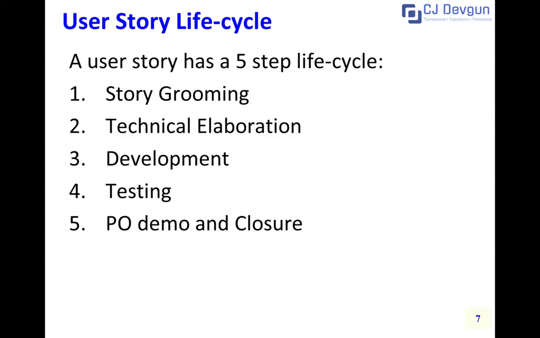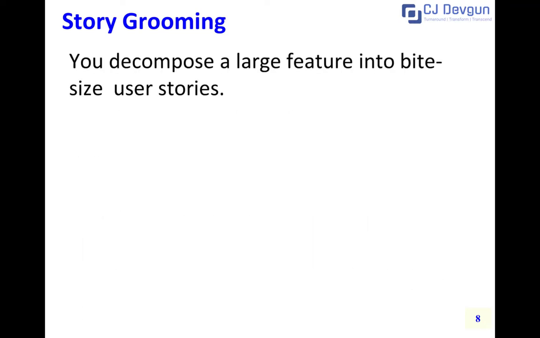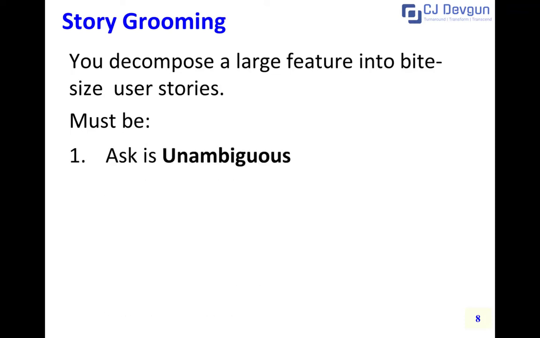Now let's look at each of these life cycle phases and how testing and validation comes into play in each of them. So during story grooming, you decompose a large feature into bite-sized user stories. When writing a user story, make sure that, one, it is clearly written, so there is no ambiguity.